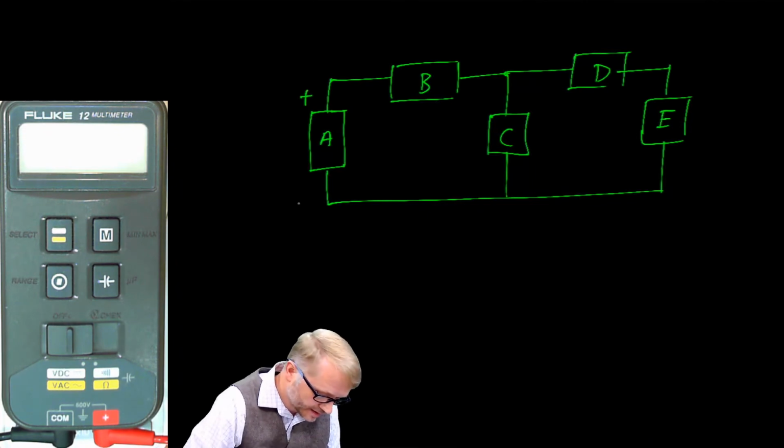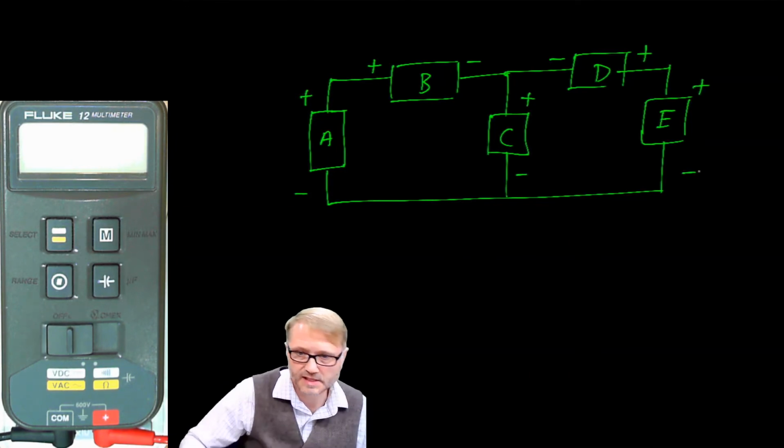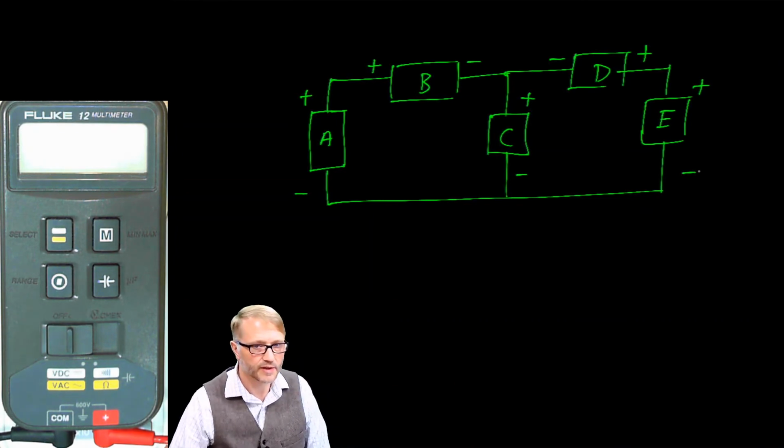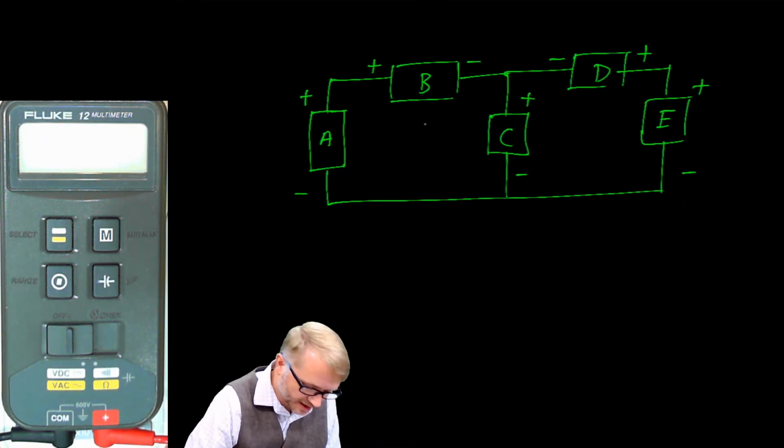So plus and minus, plus and minus, minus and plus, and so on. As we measured our voltages, we weren't very consistent, and we put the probes wherever we wanted them, which makes this problem rather interesting.